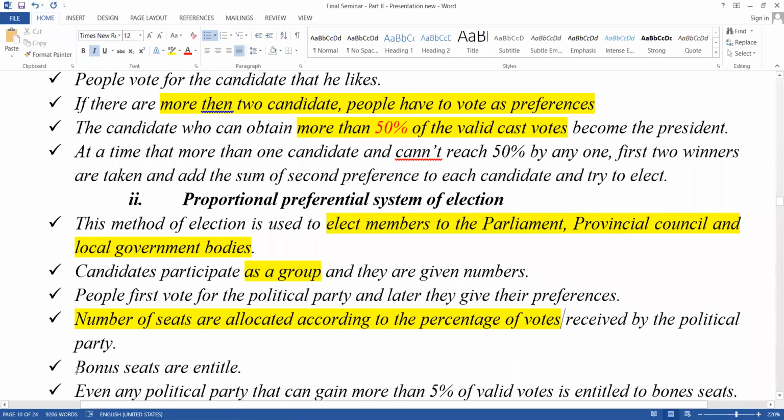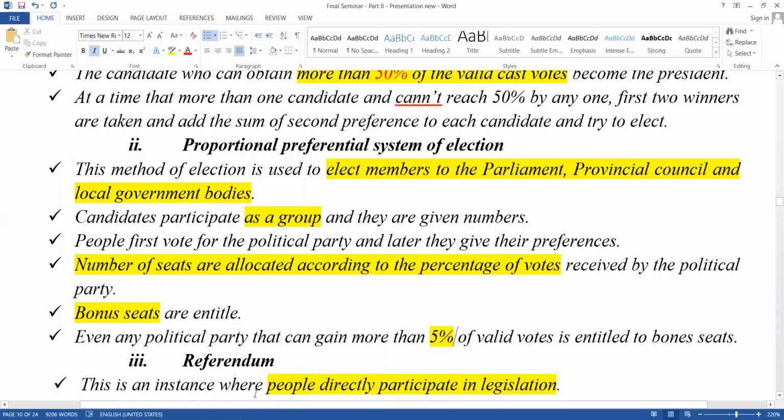And even bonus seats are entitled. The political parties that get higher votes are given bonus seats. Even any political party that gets more than 5% is also given bonus seats.